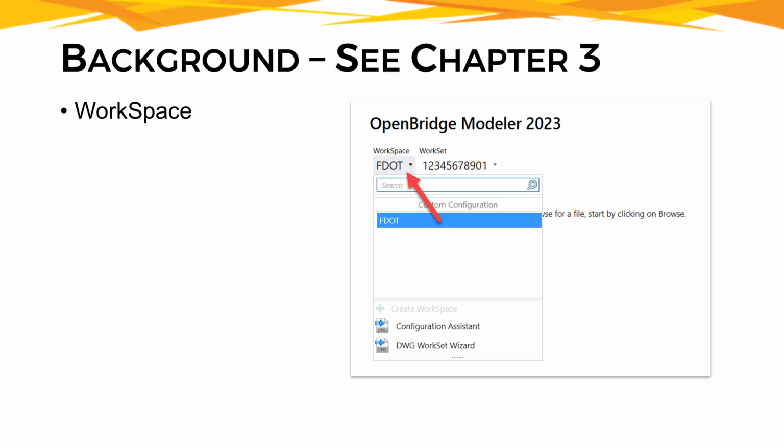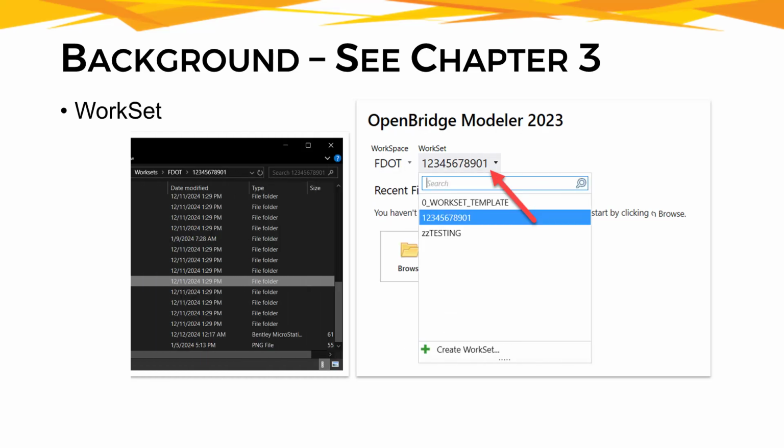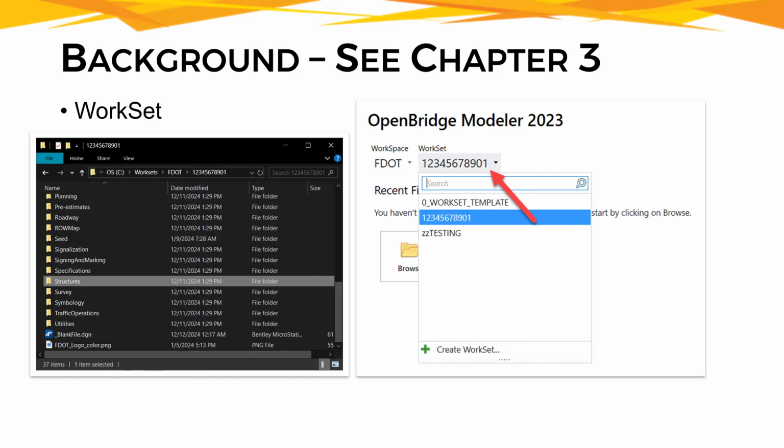The workspace is synonymous with FDOT Connect, which is a CAD software developed by FDOT to provide all the necessary resources, tools, and customization that's required on FDOT projects and must be used for compliance, and includes template files and the proper feature definitions. The work set is the folder structure and the associated files for a given project, including all the different disciplines. Usually it's named with the FPID number.